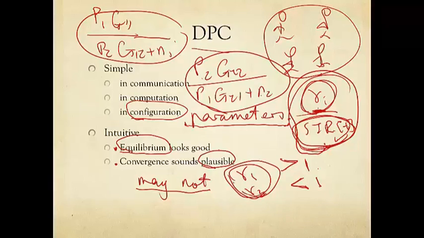But it turns out that we can show whenever the gammas are reasonable, that is, they are actually achievable, there is a vector of p's to achieve them for the given g's and n's, then we can prove that this DPC algorithm will converge to this desirable equilibrium. That's provably true. But to show that would take us to advanced material, and we'll come back to that after the normal period of this lecture.